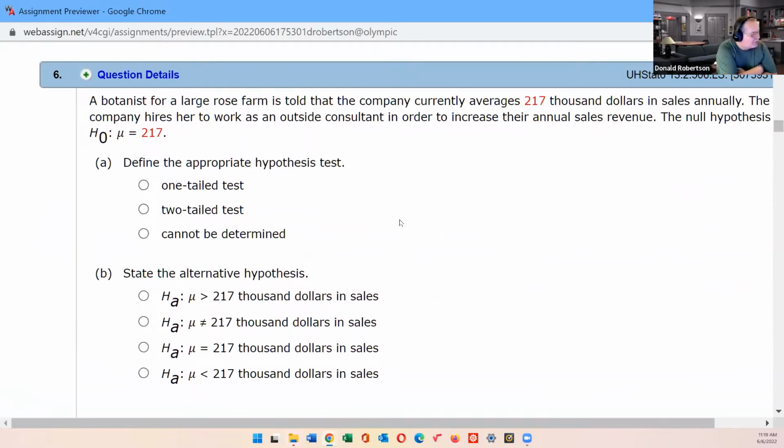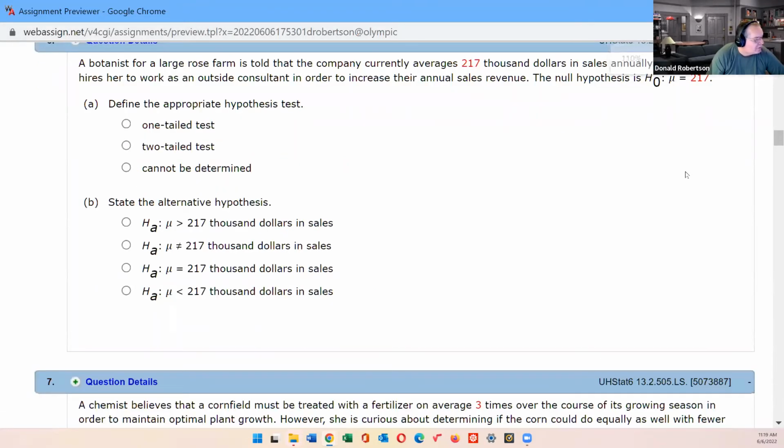A botanist for a large rose farm is told that the company currently averages $217,000 in sales annually. The company hires her to work as an outside consultant in order to increase their annual sales revenue.